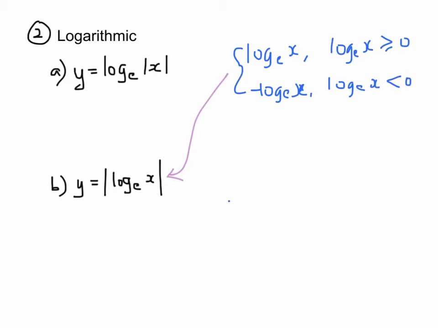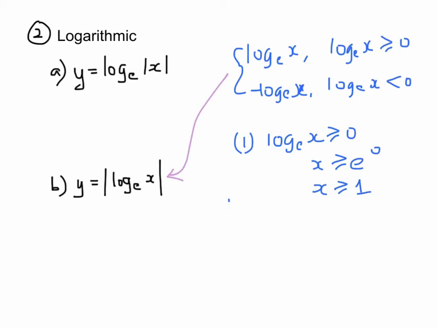If we were to rewrite this part of the equation over here, that would be log to the base e of x is greater than or equal to 0, and so you can make everything to the power of e on both sides, which means you get rid of the log on this side to get x is greater than or equal to e to the 0, and in case you forgot, anything to the power of 0 equals 1. So this is a case where x is greater than or equal to 1.